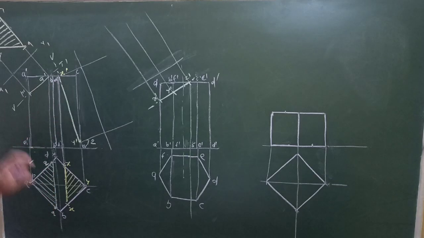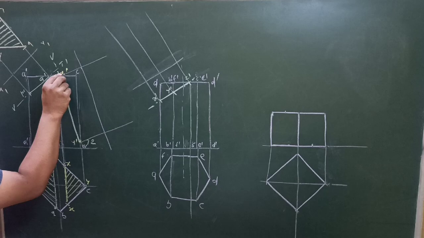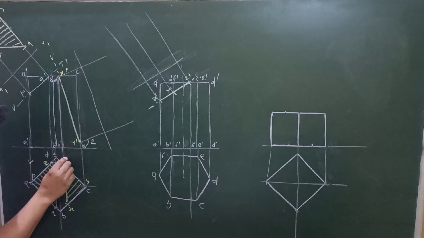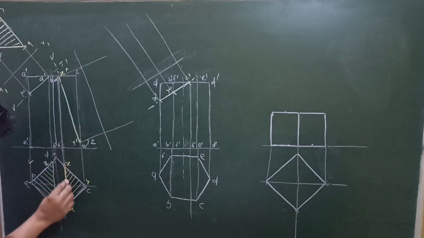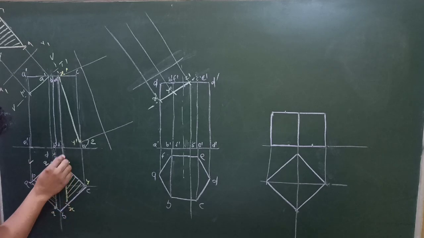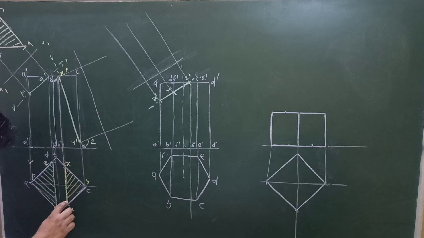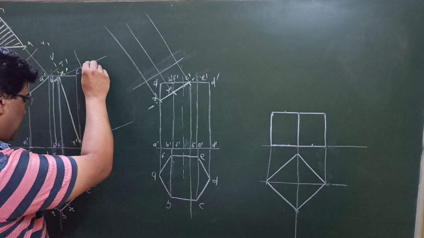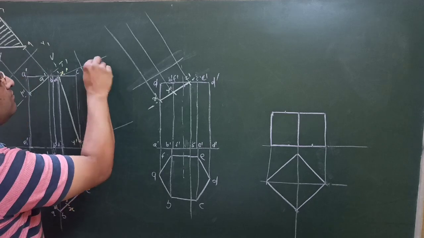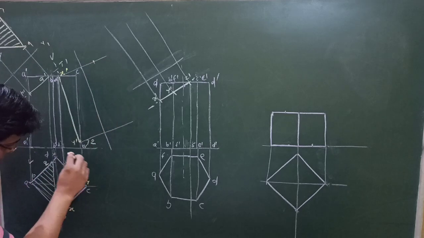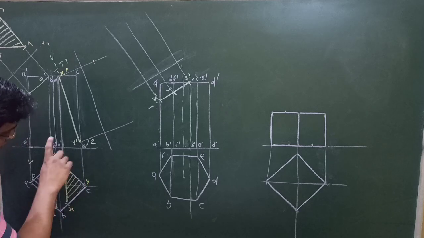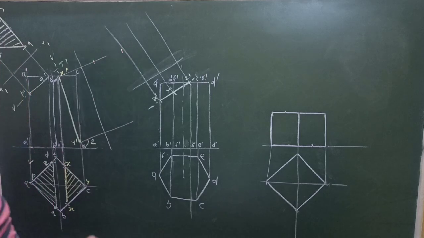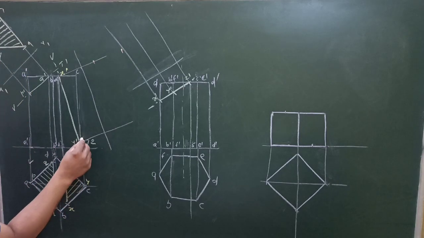Similarly, if you want to draw true shape of this auxiliary plane, so you have to take distance from XY line to X, XY line to Y. These two distances you have to mark. One is this one, another one is this one. So on this line, one point you have to draw somewhere around here, another point from here to here. So much of distance somewhere around say here, and another distance for this.